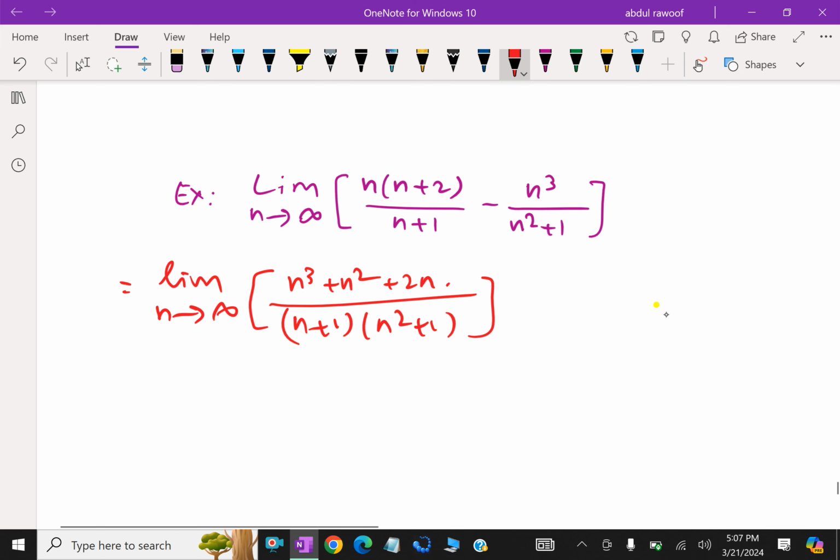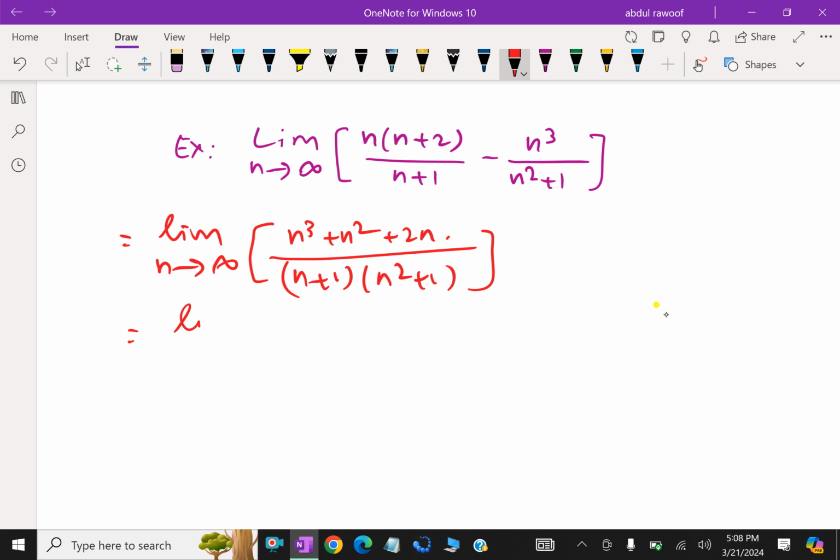Which is equal to the limit as n tends to infinity. We have to divide by n cube throughout.